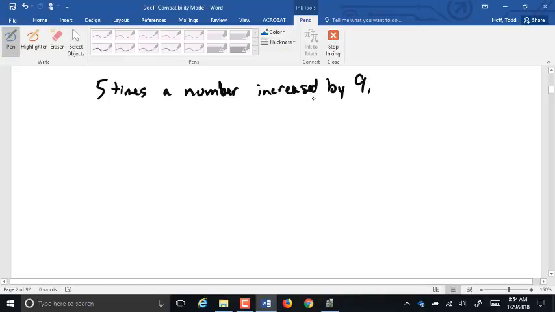What's that going to look like? Well, increased by 9 implies addition, plus 9 of some sort. 5 times a number is just multiplying. So 5 times the number would be 5x. Increased by 9 would be plus 9.